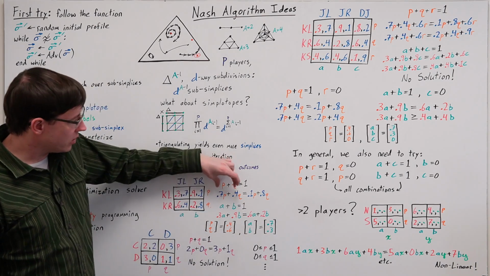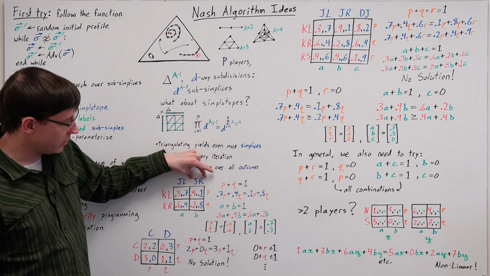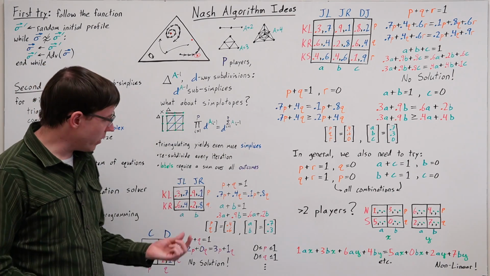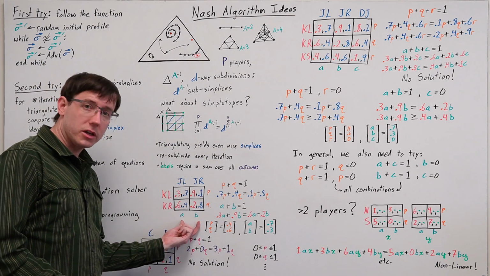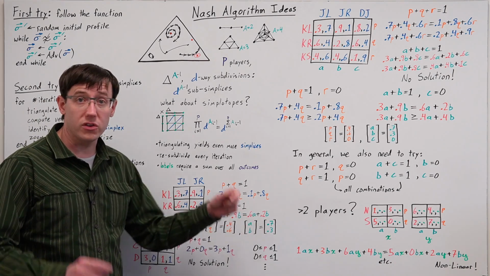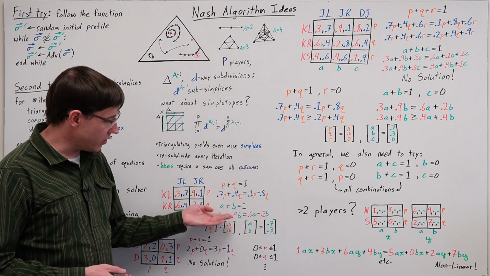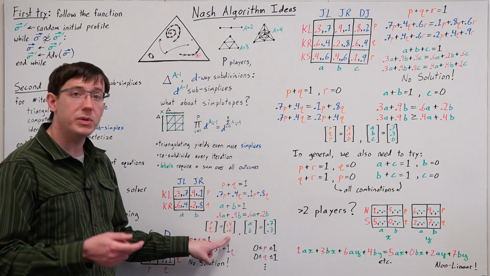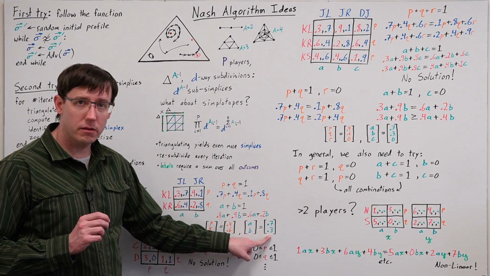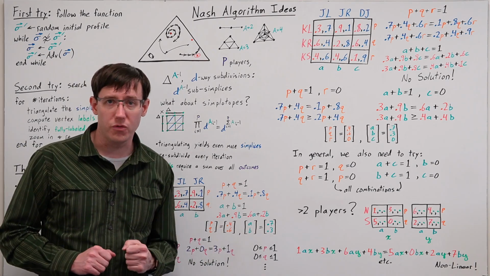So the expected utility when the goalie chose jump left has to be equal to the expected utility when the goalie chooses jump right. And likewise, we could solve for the goalie's probabilities by an equation that forces the kicker to be indifferent. And by solving each of these equations, we got probabilities P, Q for the kicker and A, B for the goalie, that we could then verify constitute a Nash equilibrium profile.